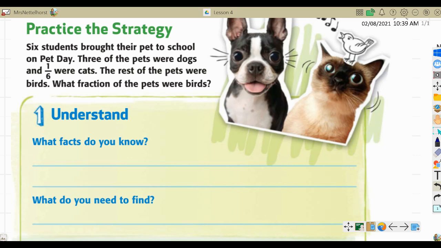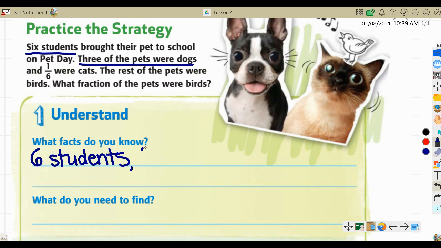So what facts do we know? So let's take a look. We know that there were 6 students. Okay, and 3 of the pets were dogs. So 3 dogs. 1/6 were cats. 1 out of 6 were cats.